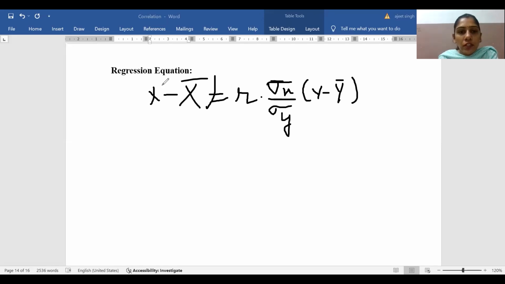Okay, so this is the regression equation for x on y.